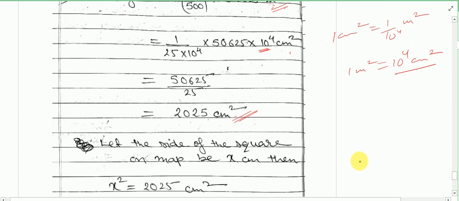So the area of the model came to this, but we know that the model is nothing but a square. We know area of a square is equal to square of the side.